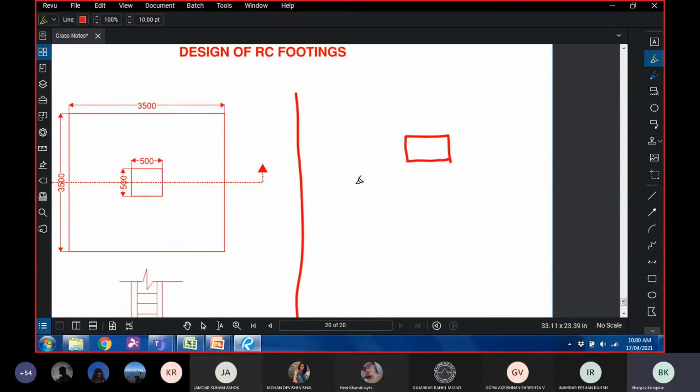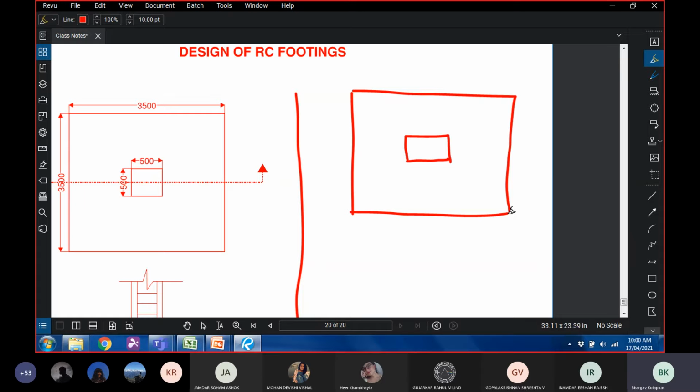Practically, a rectangular footing is provided when you have a rectangular column, but this is not a practical situation. You don't have to give an actual footing. So irrespective of the footing being rectangular or square, you can always provide a square footing. Irrespective of what area you get, you can provide both sides. Technically, it is not going to be incorrect.